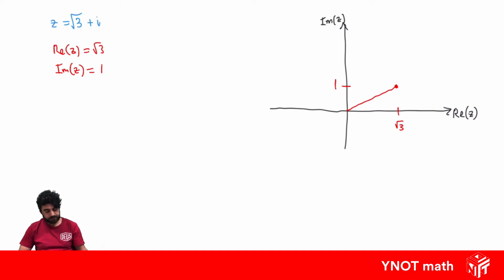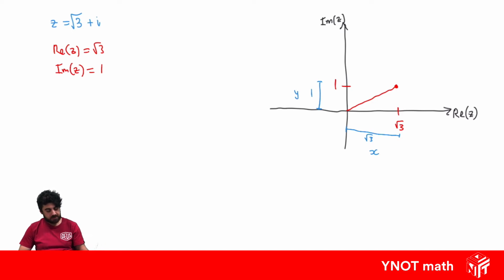Now, we know that this distance is root 3, and we know this distance is 1. But let's just call this distance x and this distance y.